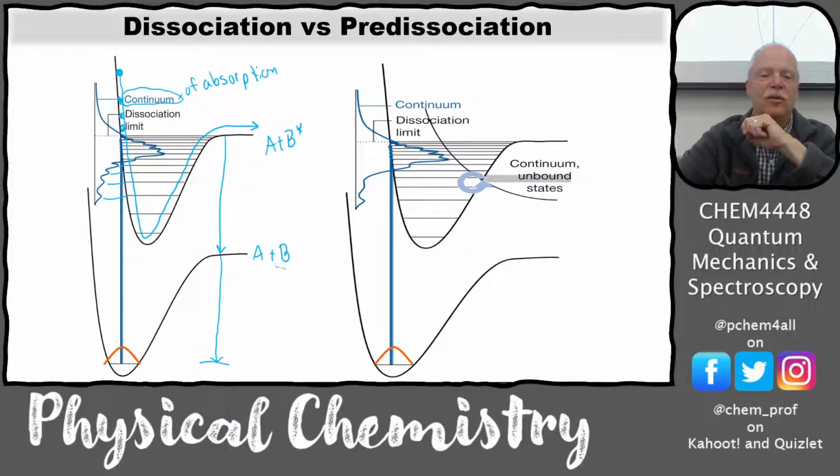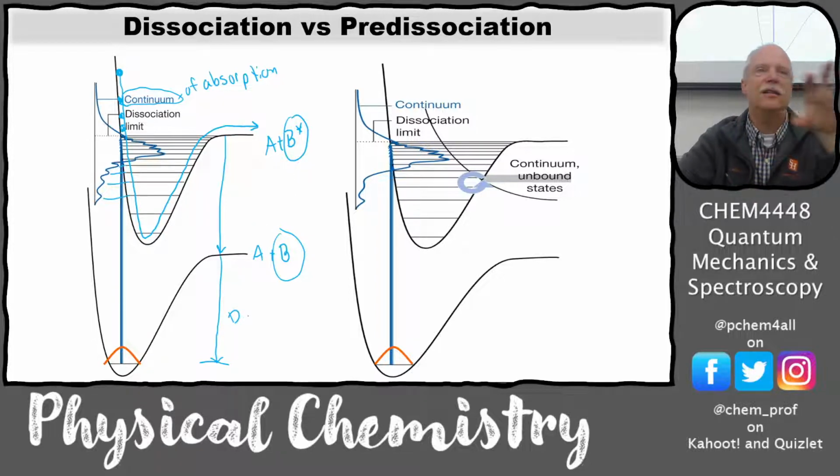If we look at the Grotrian diagrams for the energy difference between B and B star, that's this energy difference. And so then if we convert this absorption arrow and we subtract out the atomic energy difference, then we get the dissociation energy in the ground state. So this is how we find our bond energies. There's one way to find them. Okay. And you'll do that in the iodine lab.